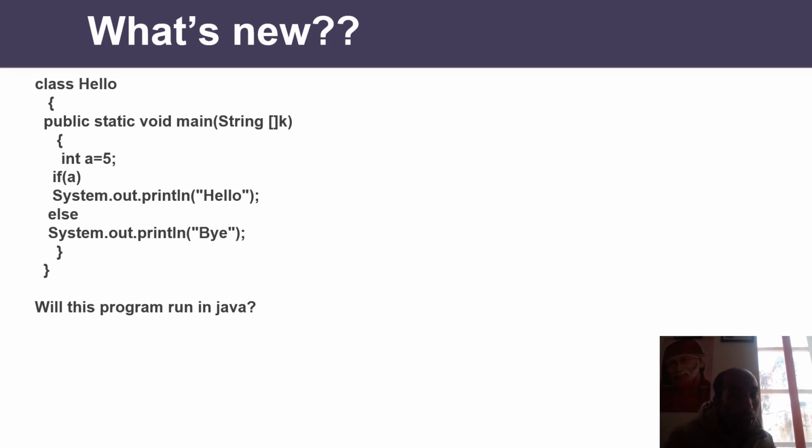But in Java, because there is a Boolean data type, Java does not treat non-zero as true and zero as false. Java says that you have to specify a particular condition. You have to write true, false, or you have to give a condition. If you write it like this, it is a compile time error. So you can check it out. The same thing will happen in your compiler, I am pretty sure.